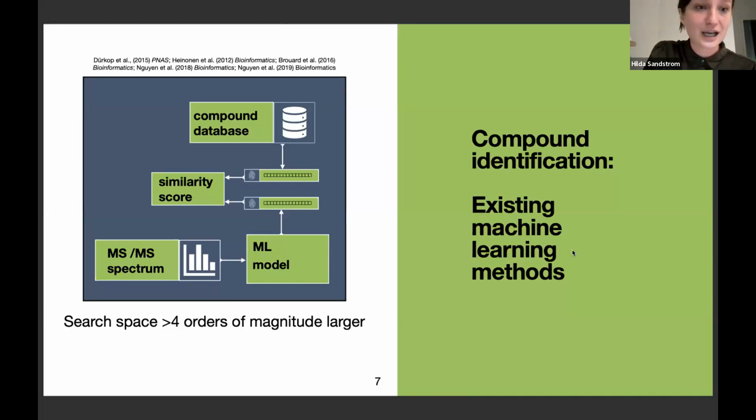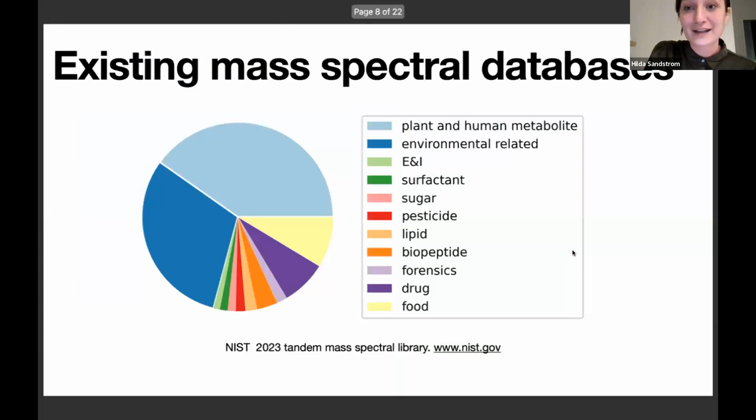But the initial challenge that we are facing when trying to translate these models into a new application domain is the fact that the distribution of compound classes inside the mass spectral libraries that have been used to train these models do not originate from atmospheric chemistry, as we have just seen.